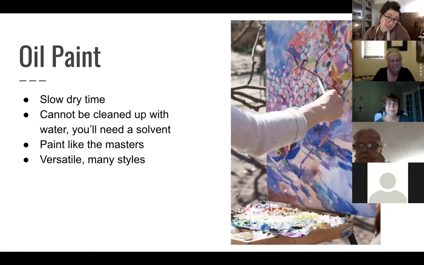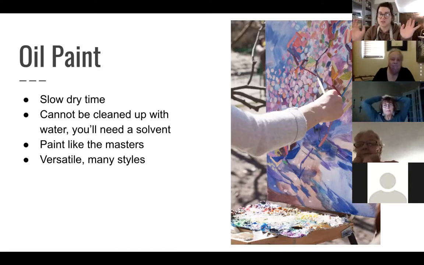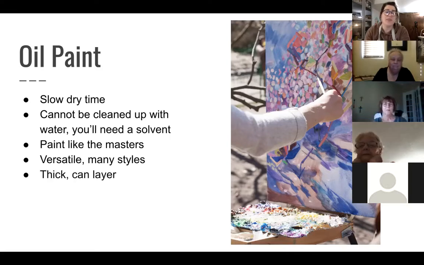I almost feel like it's one of the paints you can render most realistically, just because you have so much time to work with it and you're able to wipe things away and go back in. But likewise, you can also paint very abstractly, with lots of expression. Tons of fun things you can do. You can layer it thick or you can thin it down with your solvent.